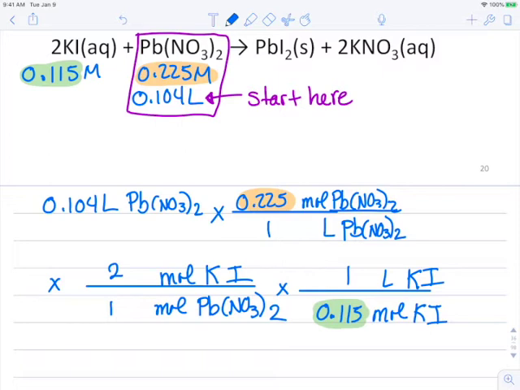So go ahead and take a moment and find out how many liters of KI we need to fully react with the lead nitrate.